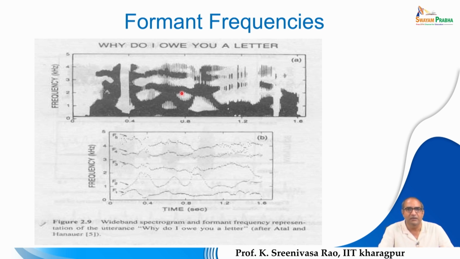In speech processing, we call those resonant frequencies the formants. So the formants are nothing but the frequency ranges where most of the energy is concentrated, or where most of the energy is captured.